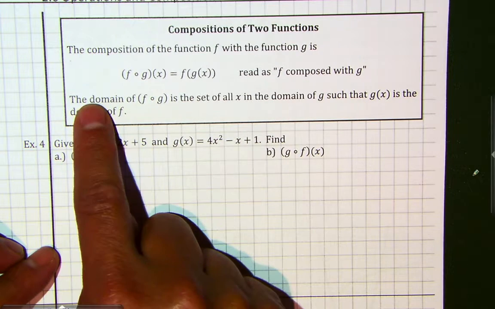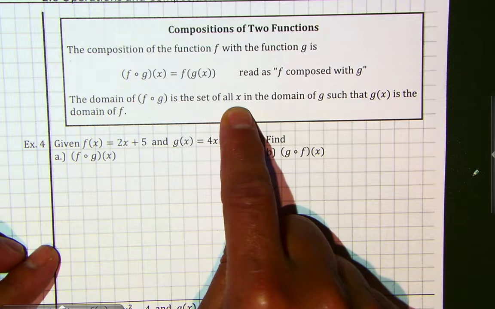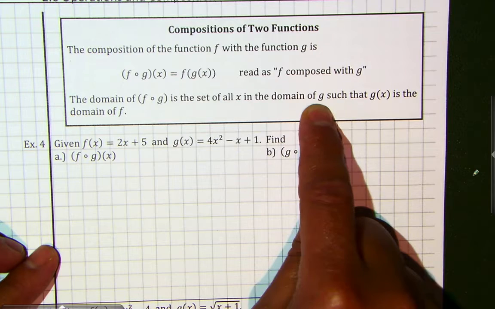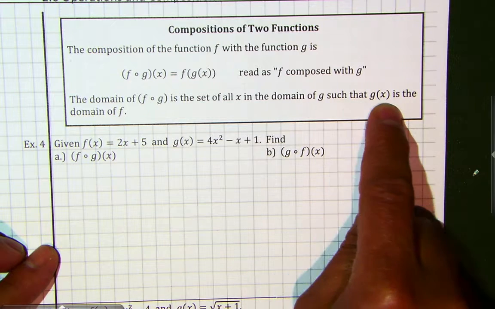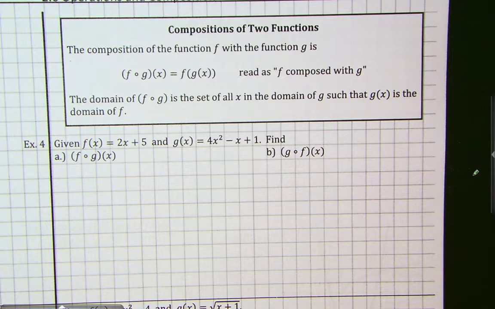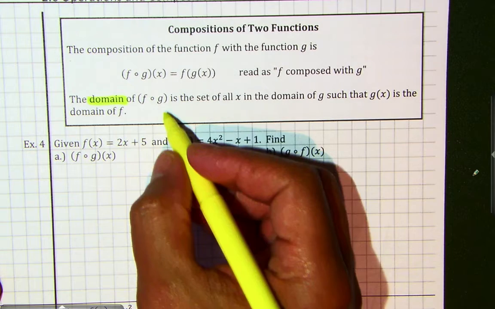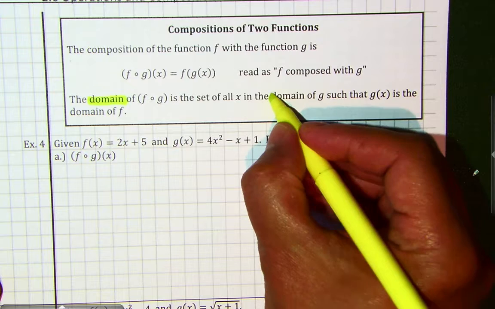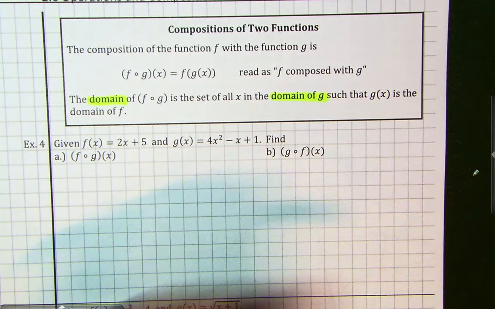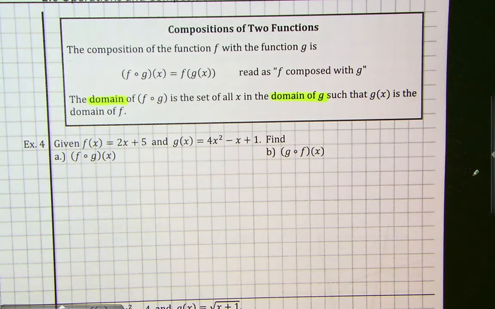So the domain of f composed with g is the set of all x's in the domain of g, such that g of x is in the domain of f. And we'll come back to the domain once again on example number 5. So the domain is going to be dominated by the domain of g of x.